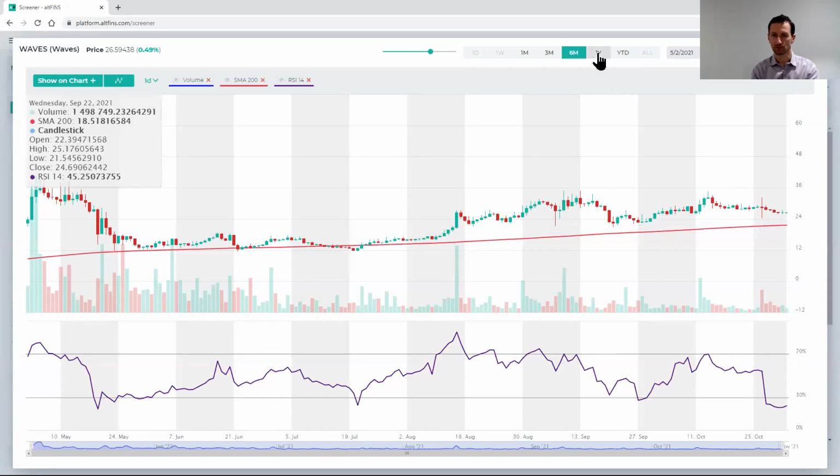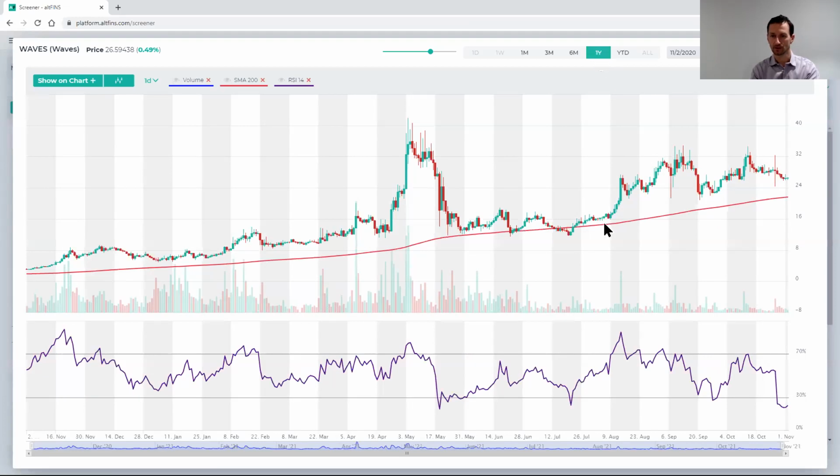If you look at the big picture here, it touched here, the 200-day moving average, and bounced up. It touched it here, violated a little bit, bounced back up here as well. So the 200-day moving average is also often used as a support level, or a resistance if we're below that. And so we're close to that.